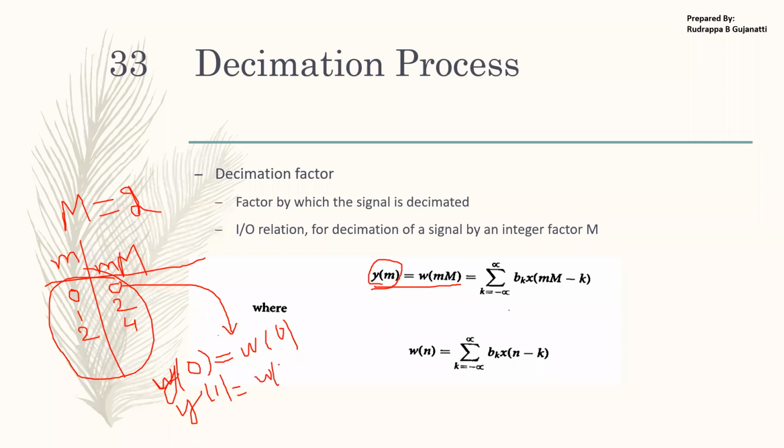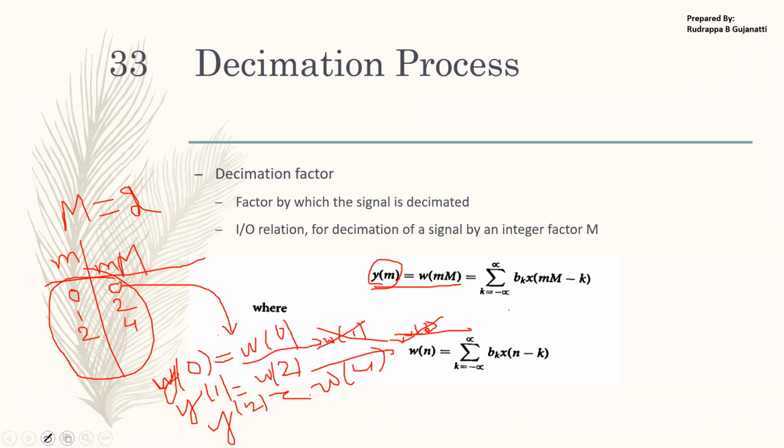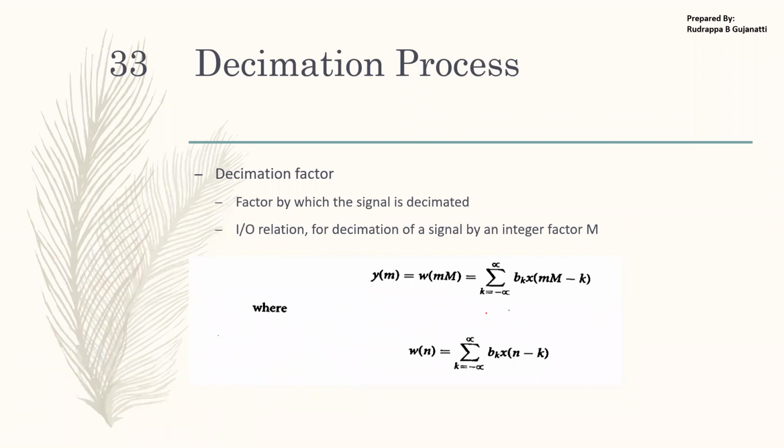It is the sample which is present at second location. So here you can see that w of 1 is removed, decimated. Similarly, if I go for y of 2, it will be w of 4. So here we can see that w of 3 has been decimated. So this is how we obtain the overall decimation result.